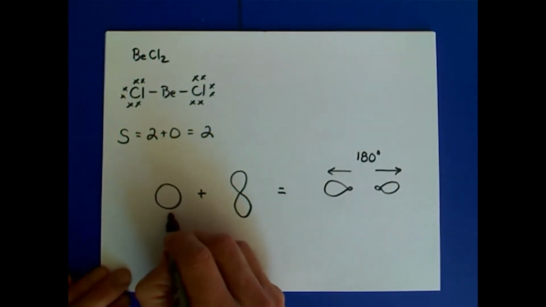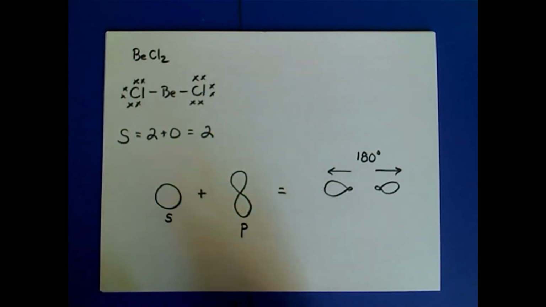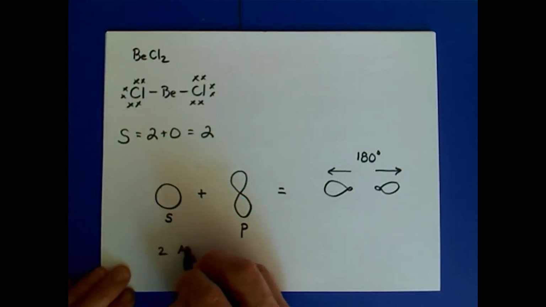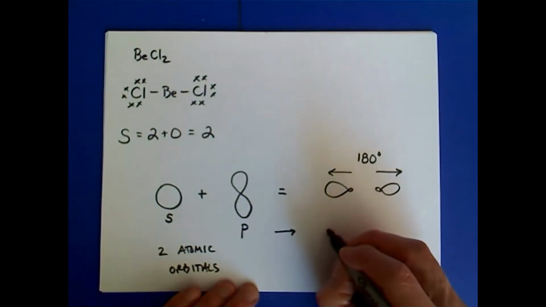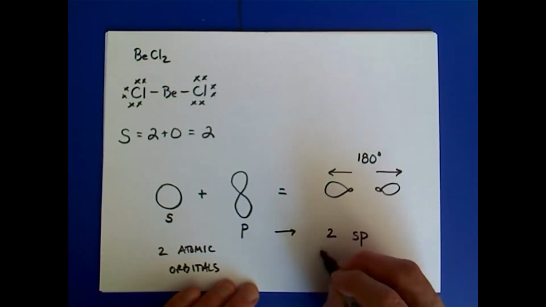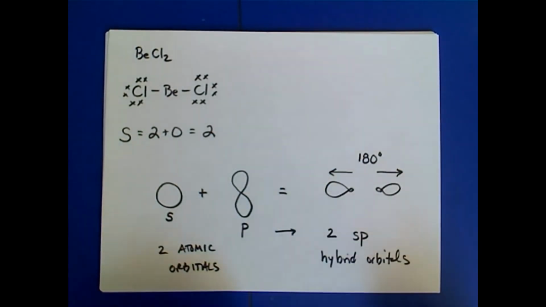So you notice you mix an s orbital and a p orbital. You mix 2 atomic orbitals, and what you end up getting are 2 sp hybrid orbitals that happen to point at 180 degrees to one another.